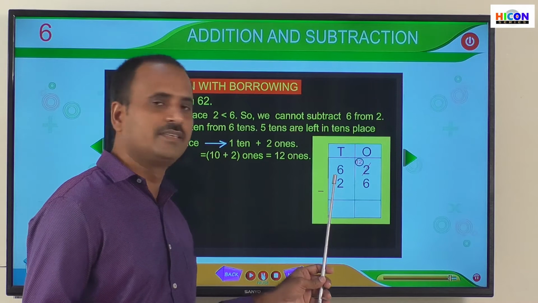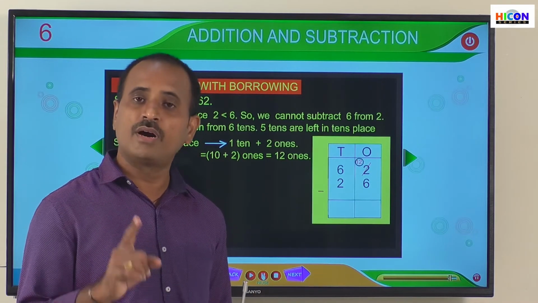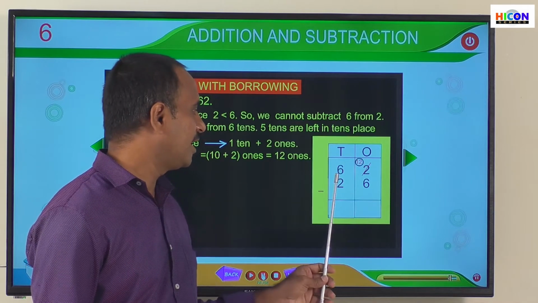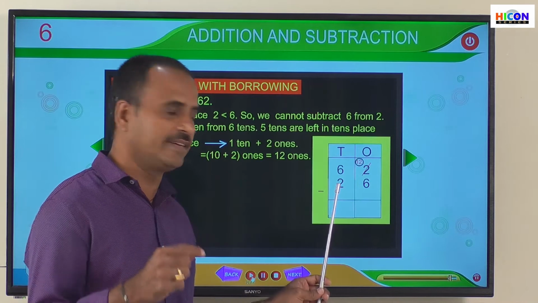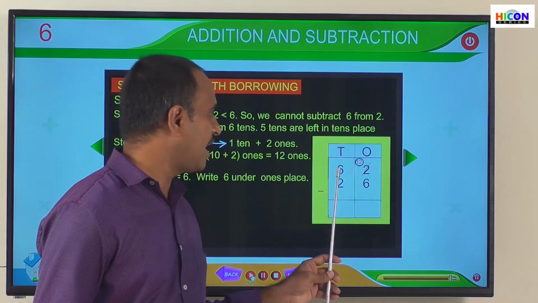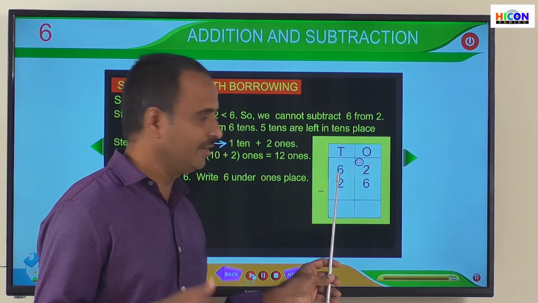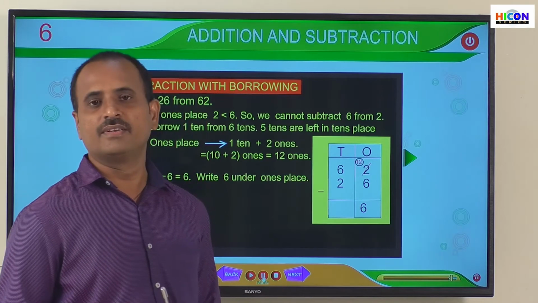Among the 6 tens, take 1 ten as borrow, and carry that 1 ten to the ones place. If we carry that 1 ten to the ones place, that will become 10 ones.